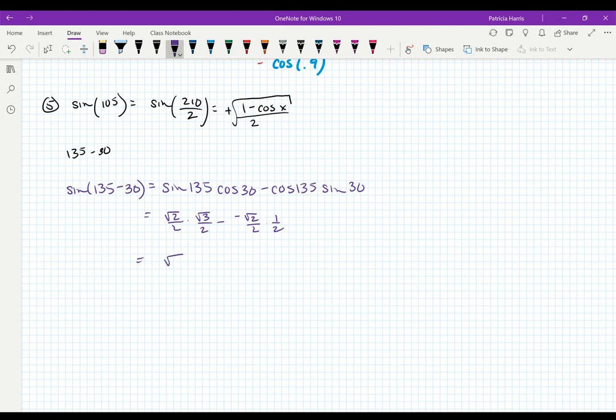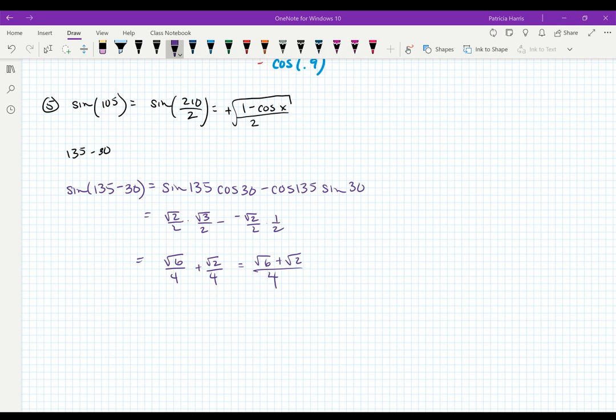If we calculate that out and simplify it a bit, we get radical 6 plus radical 2 all over 4. Okay, this is a much, much easier way to do this problem than the half angle formula.